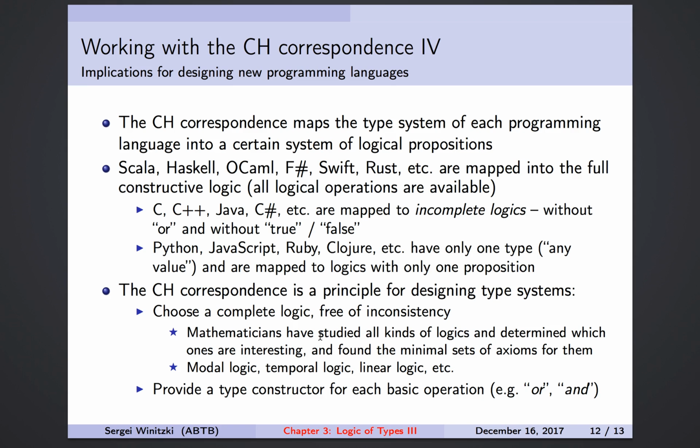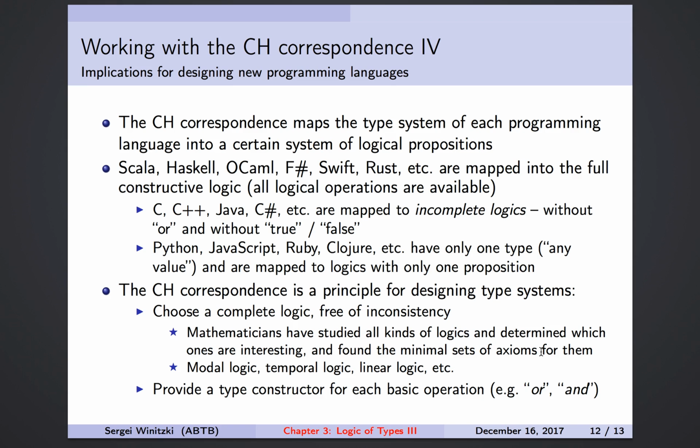So the mathematical principle is that you take a logic that mathematicians have studied, you take its axioms and its rules of derivation. Mathematicians have found the minimum sets of axioms. That was their game. They like to find what is the minimum set of axioms for a given logic, such that you still derive the same theorems. That's very interesting for mathematicians.